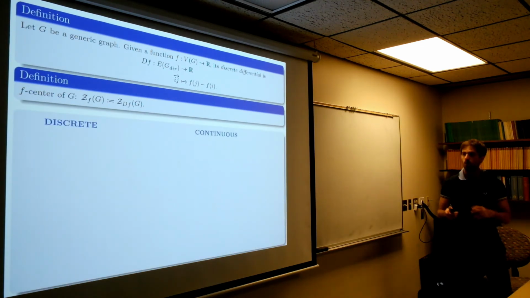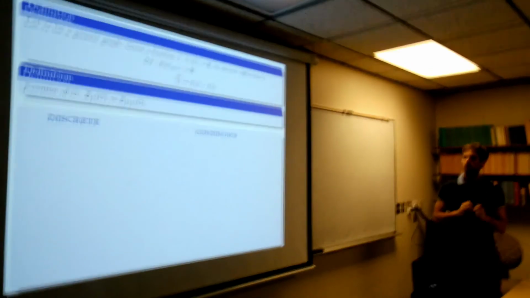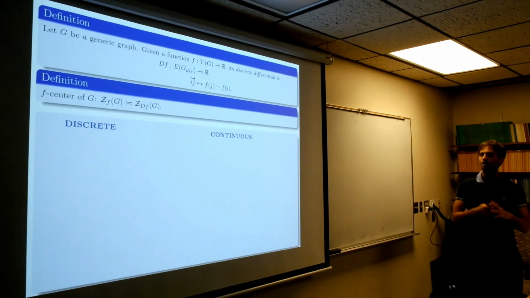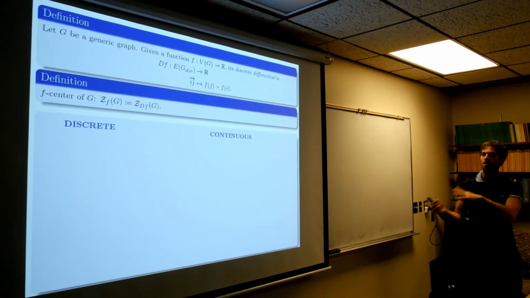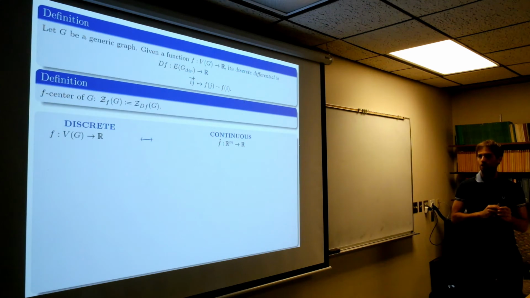So before going on with the last slide, I want to just point out an analogy between what's happening in the continuous and what's happening in the discrete case. In the discrete case, we have a function f from the vertex set of a graph to R. In the continuous case, we can think about this function to be a function f tilde from R^m to R. Actually, we can think about it to be a function from any smooth manifold to R. It will be useful to think of this f tilde as smooth, or at least differentiable.